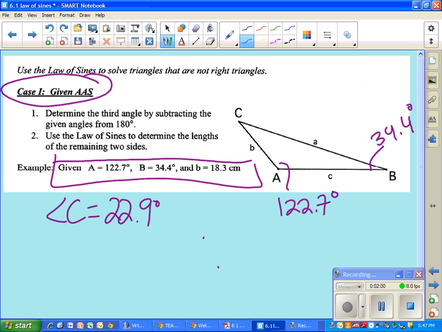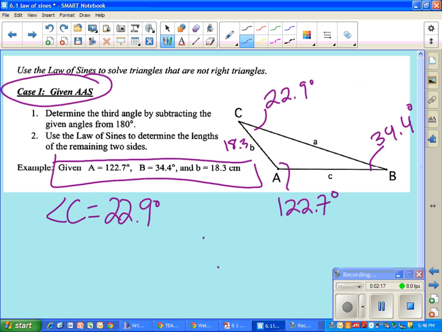We also have that side b is 18.3, and I'm going to go ahead and label this 22.9 degrees. Now we have to find side lengths a and c. The reason we have to use law of sines is because this is not a right triangle anymore.